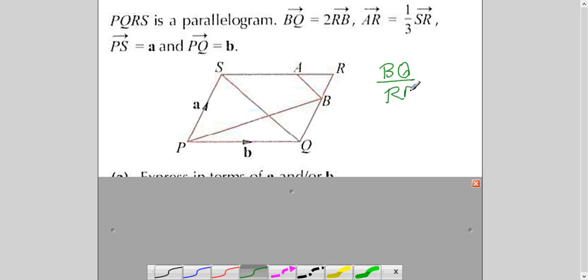In layman's language, if I cross multiply, BQ over RB is equal to 2 over 1. So you can get from here that the ratio of the side BQ is 2, and the ratio of the side RB is 1.